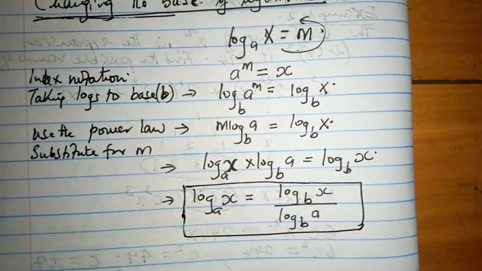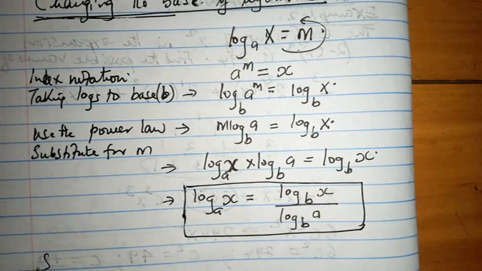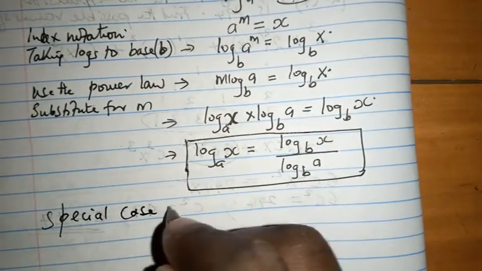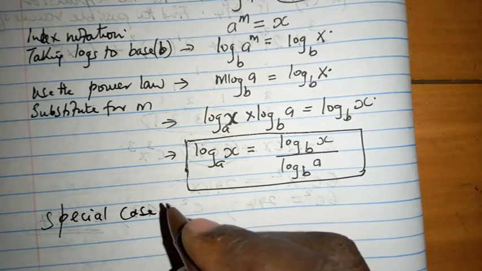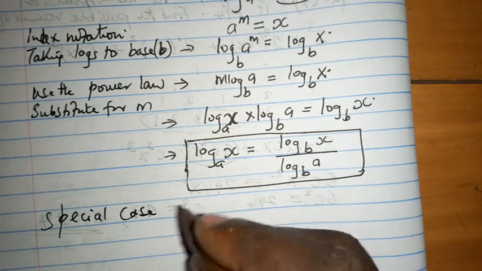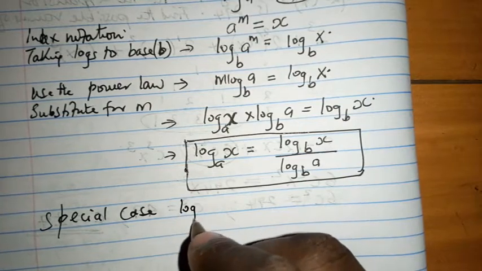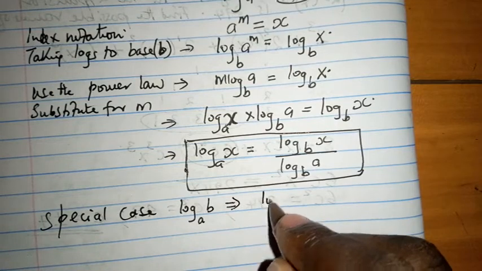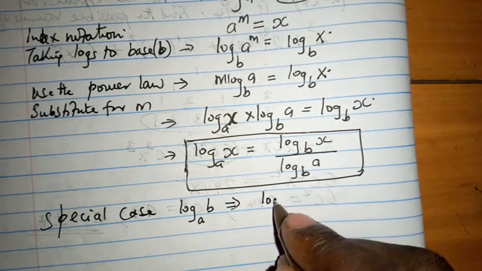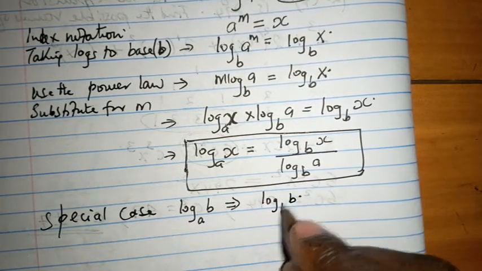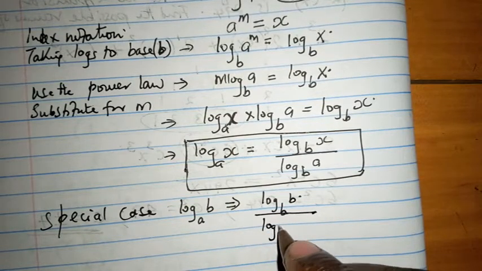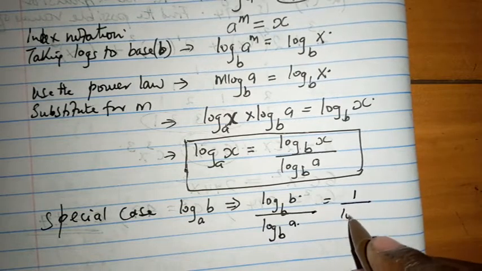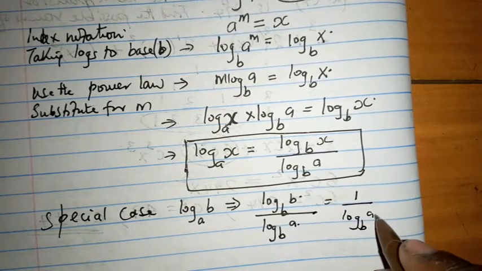But we have a special case, which means that if you have logarithm to base a of b, which can be written in terms of introducing base b, logarithm to base b of b over logarithm to base b of a, and this is simply 1 over logarithm to base b of a.